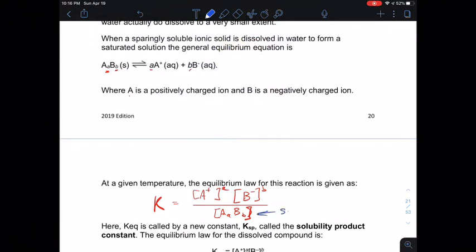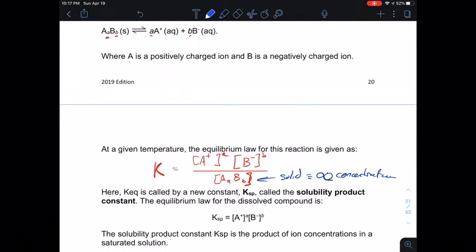So that means no concentration. Or actually, a better way of writing this is an unchanging concentration.